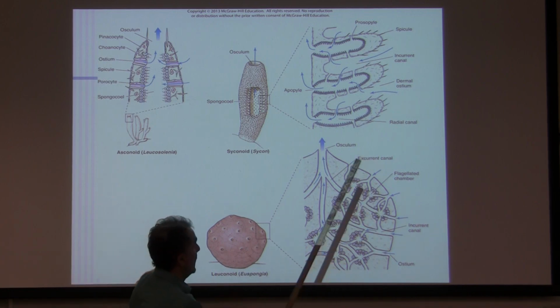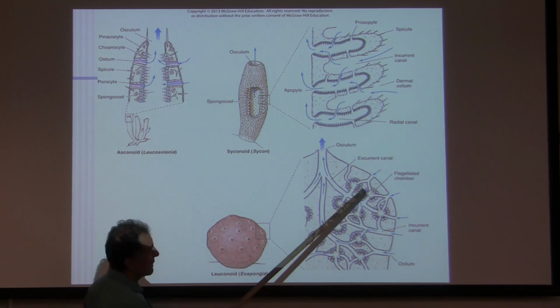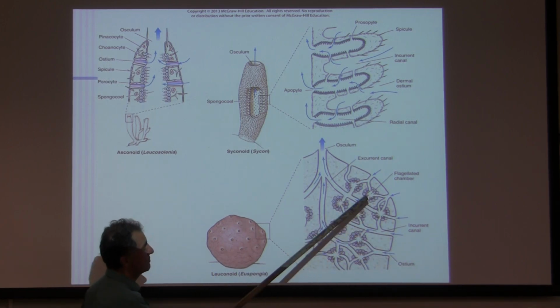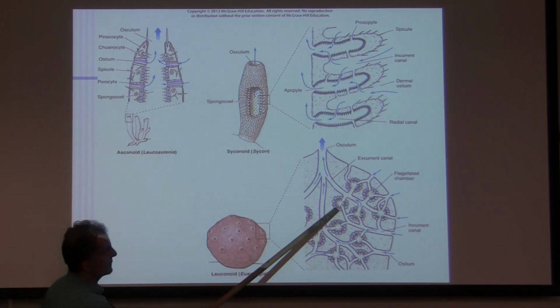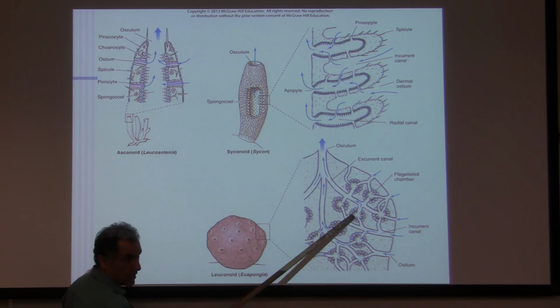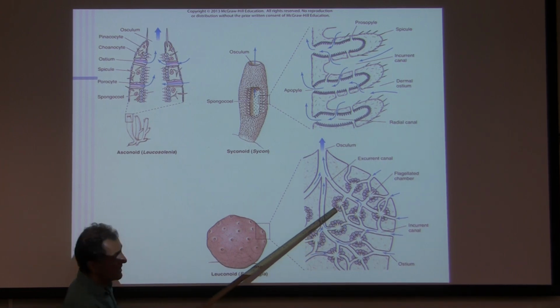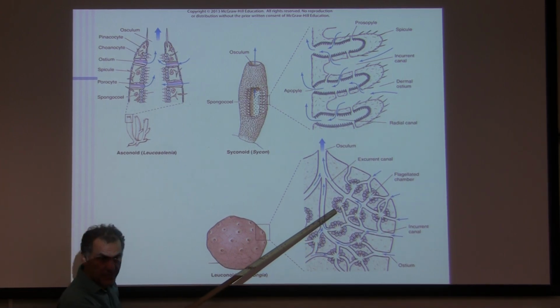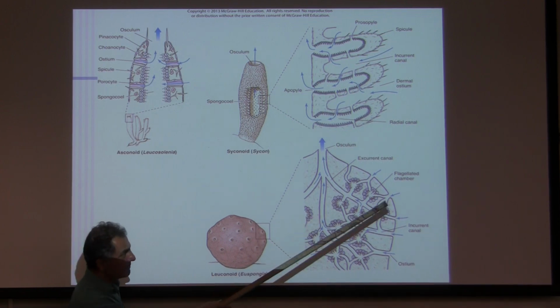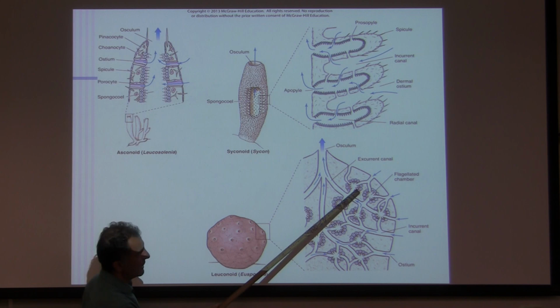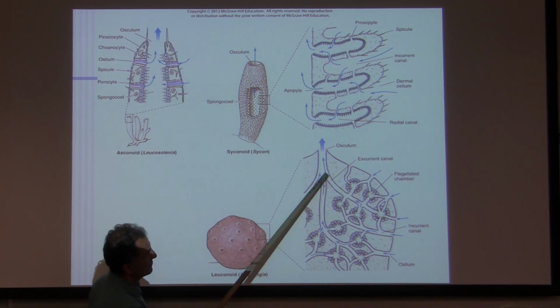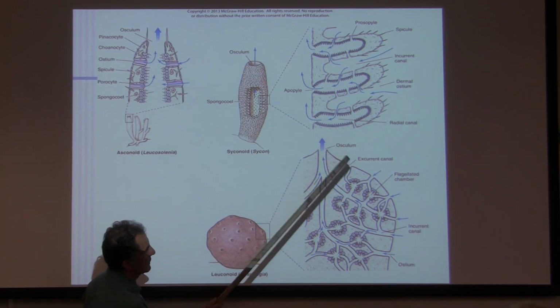Okay, so the last one, which we do not have a slide of, and I will not ask too much, maybe I guess you should know it. It's a leuconoid type canal. Leuconoid type canals have chambers full of choanocytes, and then the same thing happens. Water comes in, and then goes through these chambers, and then it goes out through an excurrent canal and osculum on the top.